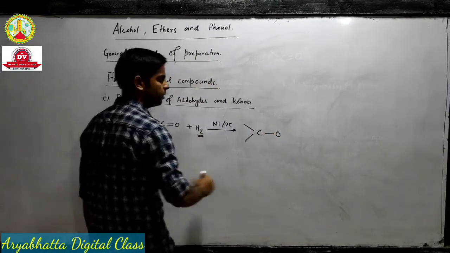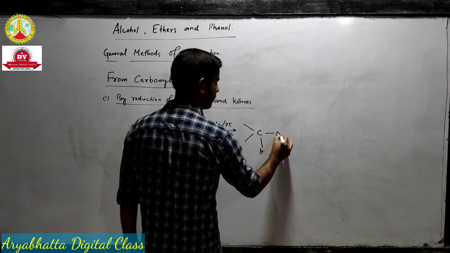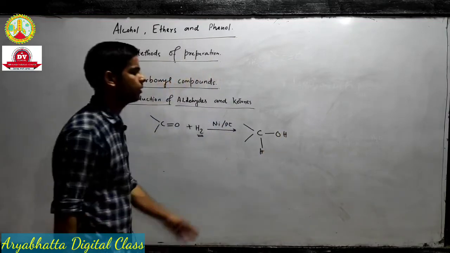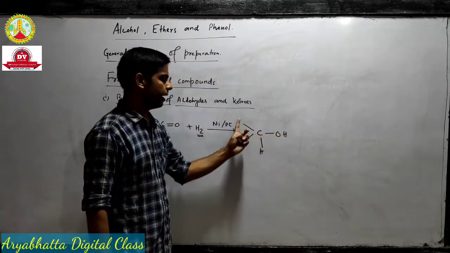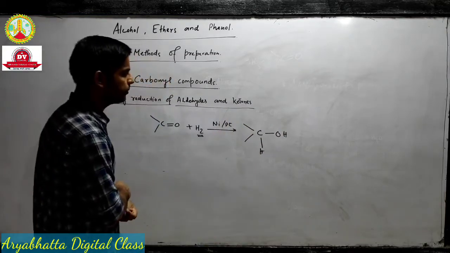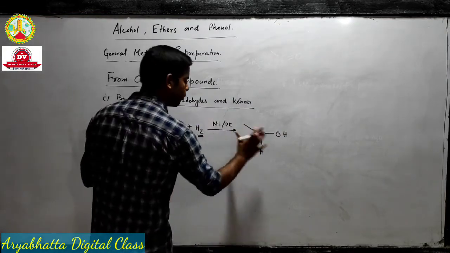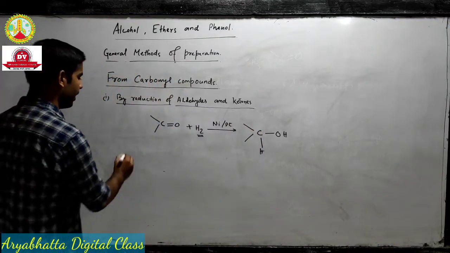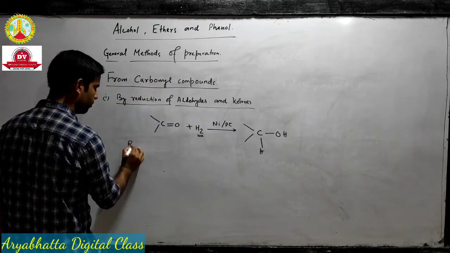Out of the two hydrogens, one will go to the carbon and another will go to the oxygen, and the rest of the bonds remain the same. So this is the overall reaction. Let's see how aldehydes and ketones produce alcohols.